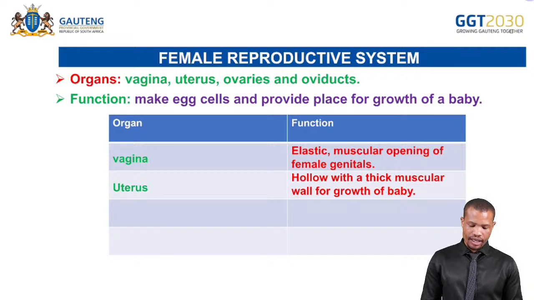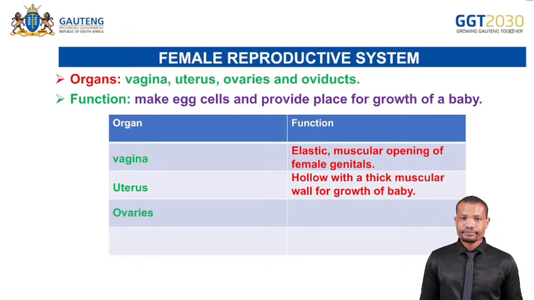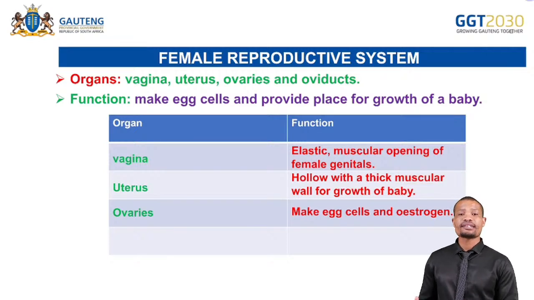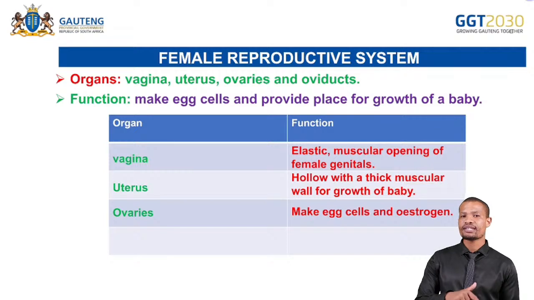The next one are the ovaries. What do the ovaries do? They make egg cells and estrogen. The egg cells are necessary for reproduction because we need them for fertilization, where a sperm fertilizes the egg, where they fuse with the sperm.